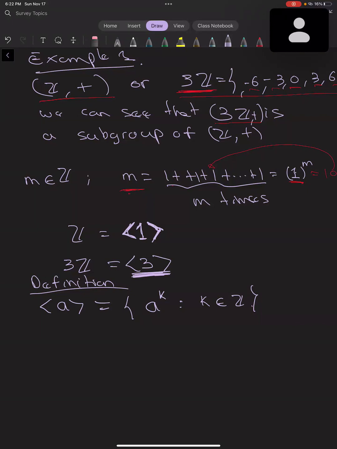So this means A composed with A composed with A, k times. Again, when I have the integers, the composing is plus.